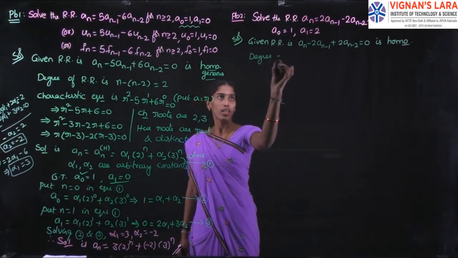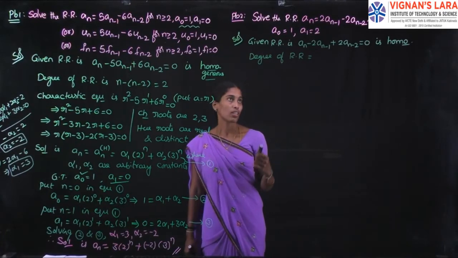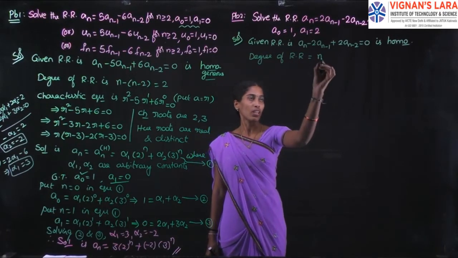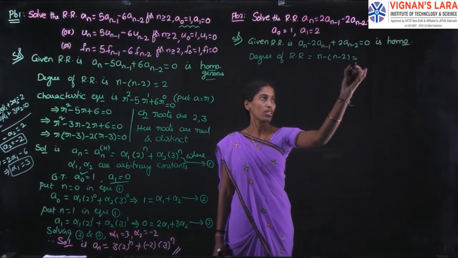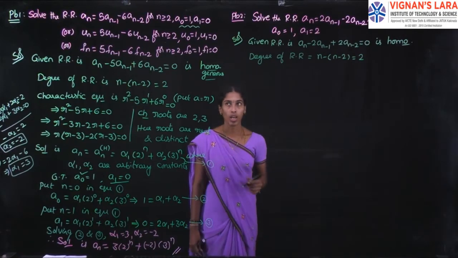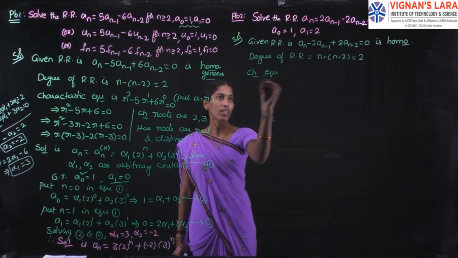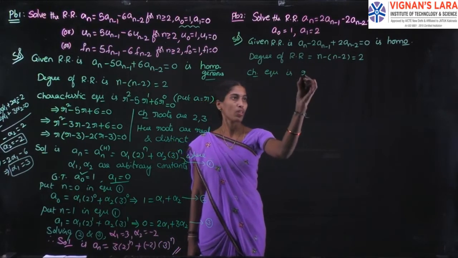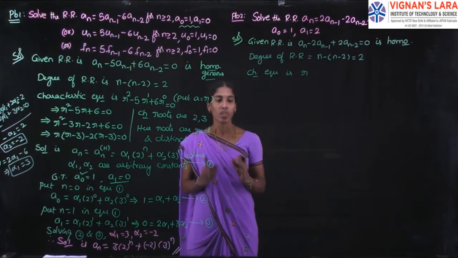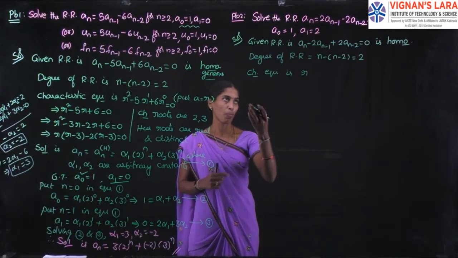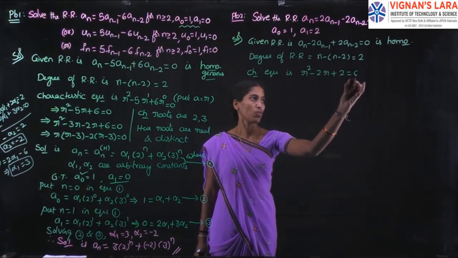Degree of recurrence relation is, the highest suffix of A is n, the lowest suffix of A is n minus 2, so it is 2. Now, write down its characteristic equation. Put A is equal to r, in the suffix put n is equal to its corresponding degree. Instead of writing in the suffix, write in the power. So, r square minus 2r plus 2 is equal to 0.